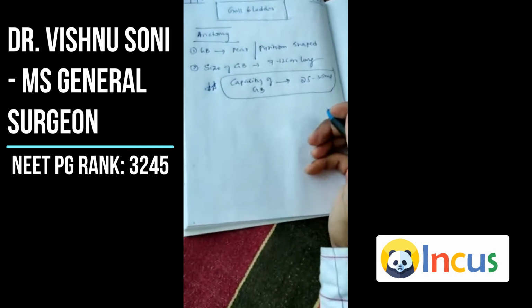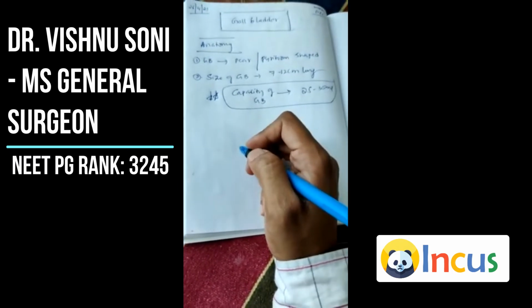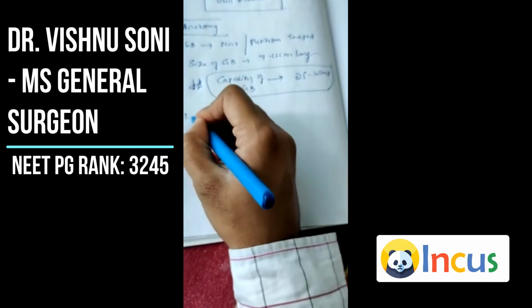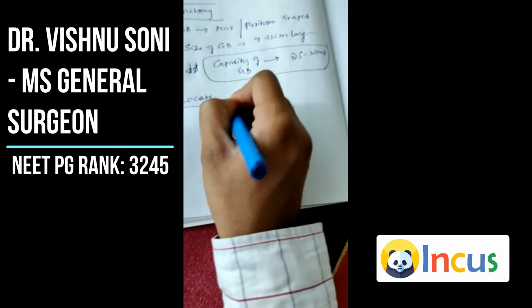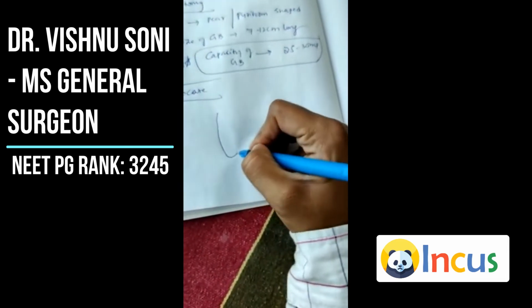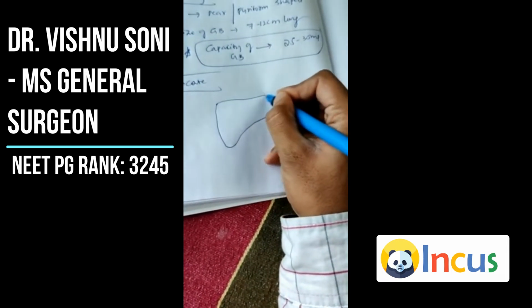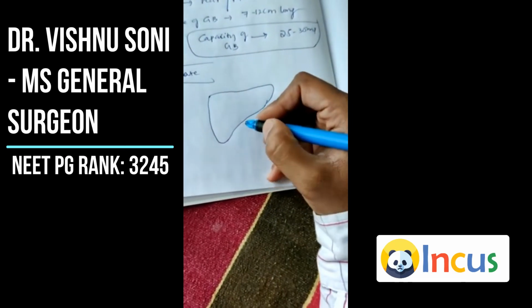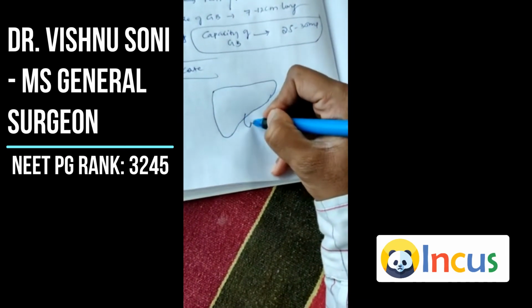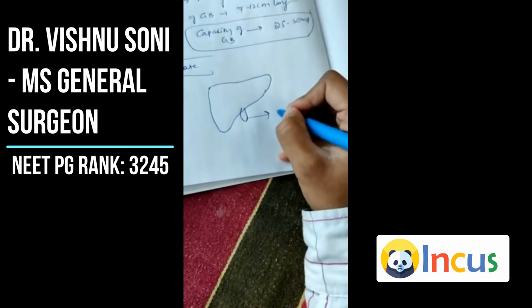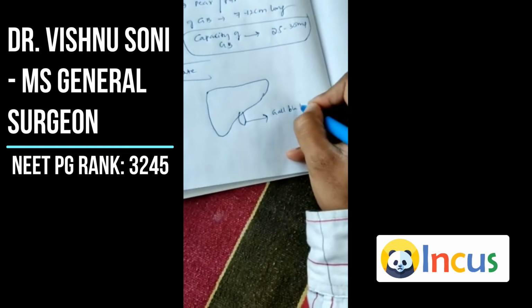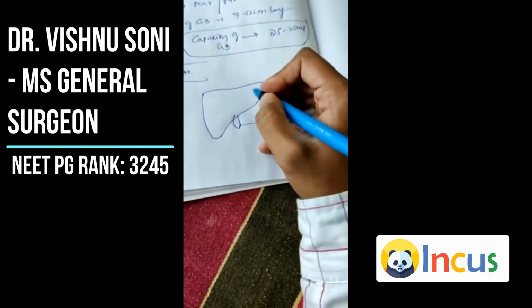Right. What next you discuss in anatomy is the location of the gallbladder. Where is the gallbladder located? Yes, on the inferior surface of the liver. So here it is, the gallbladder. How do you say among the segments?